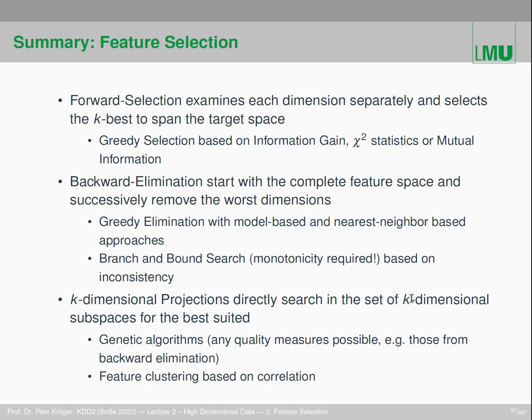And if this n over k is too large, we can employ some kind of random projections, for example, using genetic algorithms, or we can use feature clustering, which is also a kind of randomized search, because you know that k-means and k-medoid are approximate, random-based methods, especially if you use a random initialization. So this is the big picture of this week.